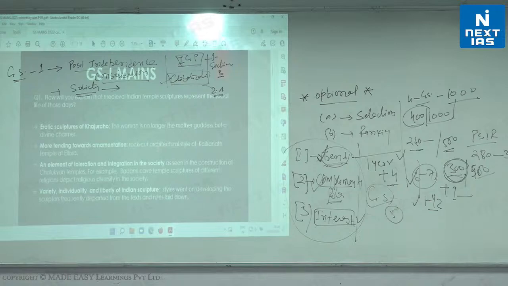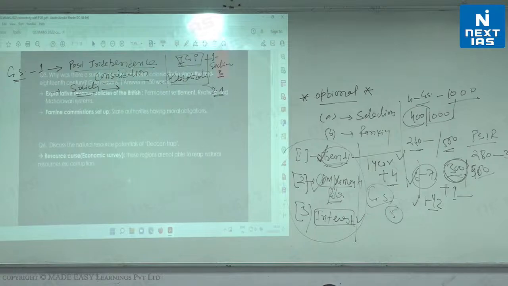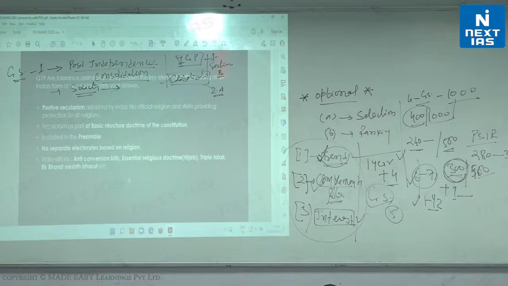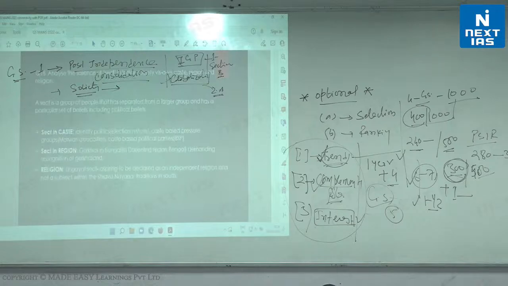See, this was the General Studies paper this year. Now I'm identifying. See, question number 18: Analyze the salience of sect in Indian society, caste, religion.